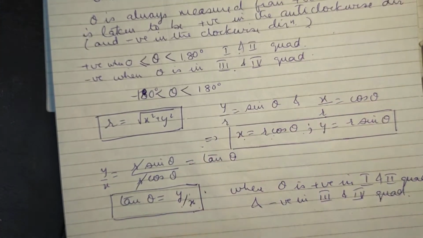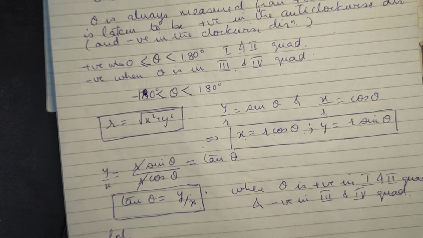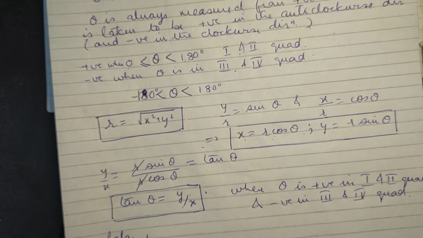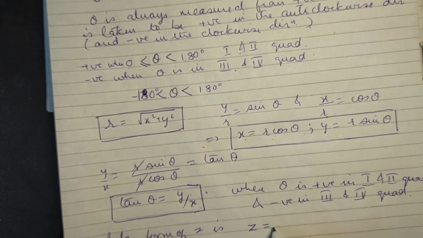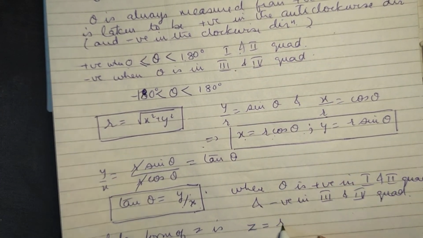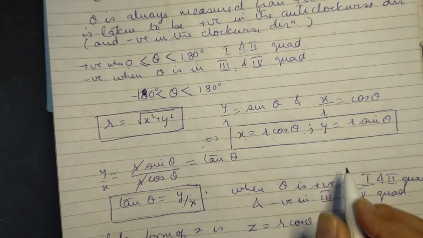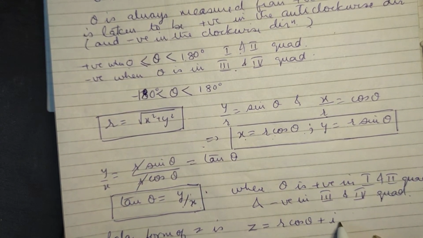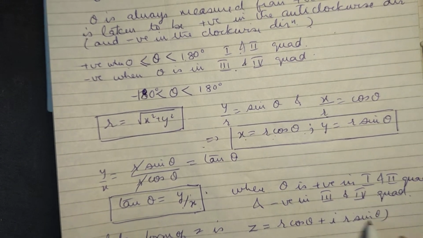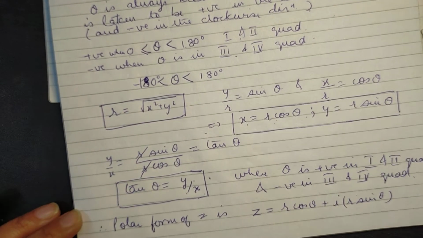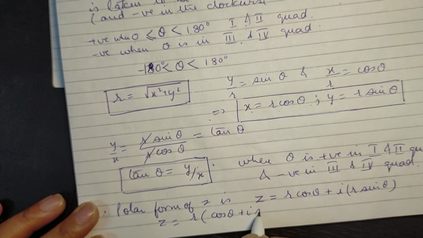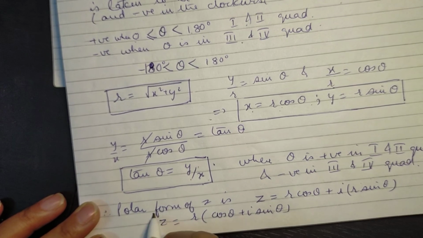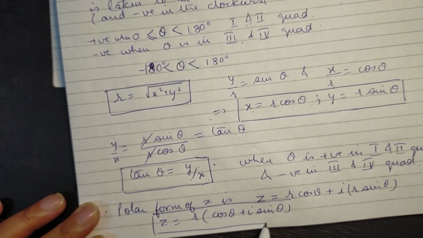The polar form of z is z equal to, in place of x, r cos theta, plus, in place of y, i times r sin theta. We can easily take r common, and so z becomes equal to r times cos theta plus i sin theta. This is the polar representation of the complex number.